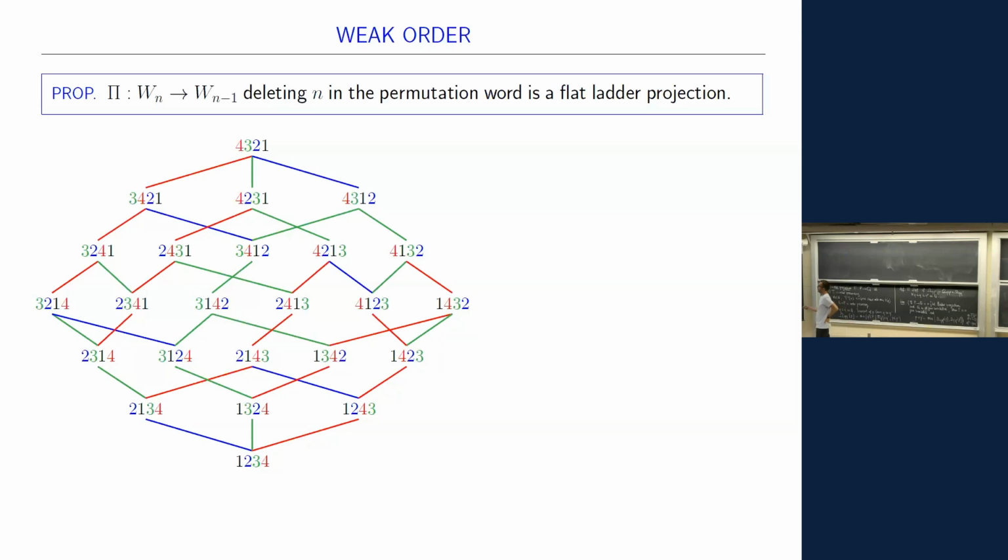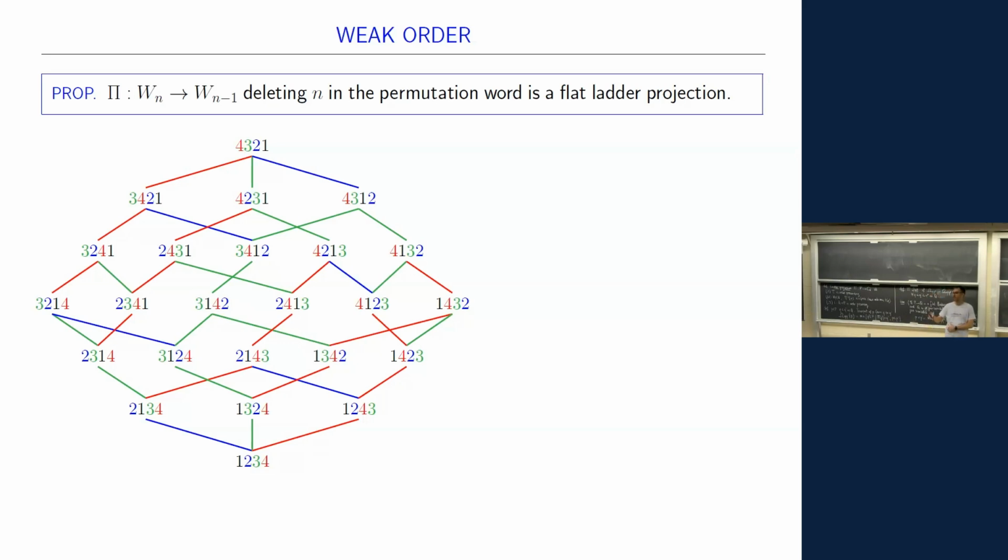So let me explain the color code here, because all pictures will look like this. What I did here is that I colored the numbers from 1 to 4. The last one is red, and the 3 is green, and so on. And then I colored the edges according to the last number I had to erase.